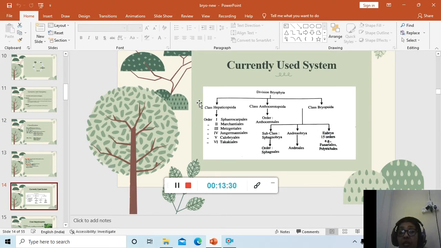Then Anthoceropsida is divided into the order Anthocerotiales, and the Bryopsida is divided into 3 subclasses. One is Sphagnobrya, Antriobrya and also Eubrya.